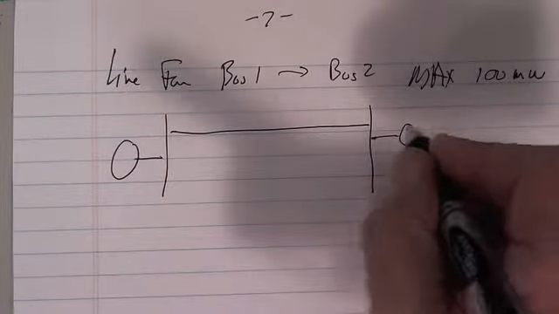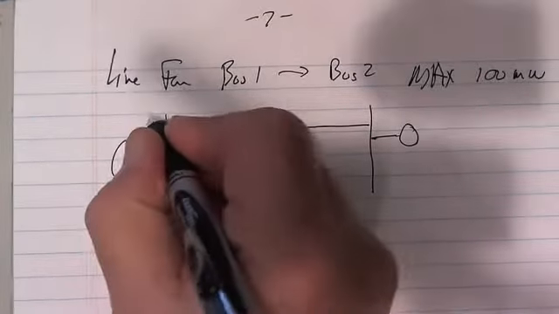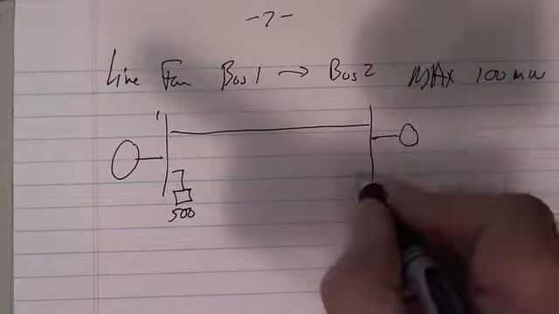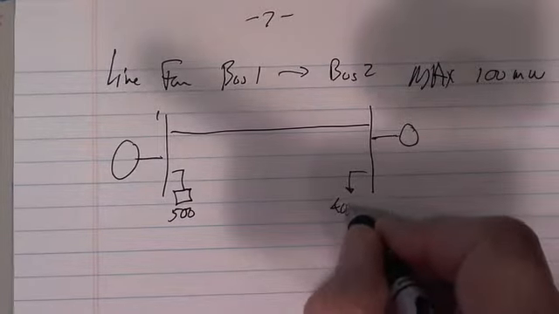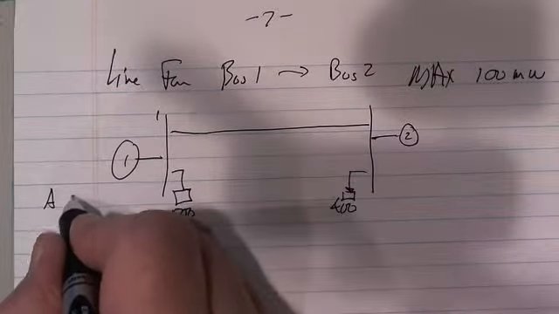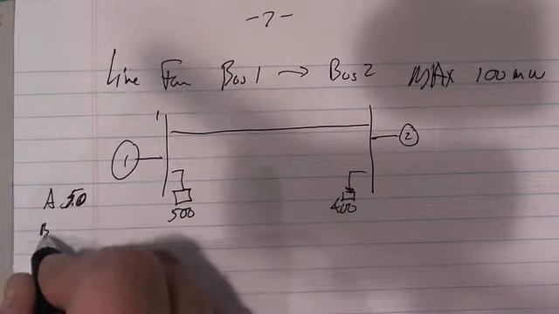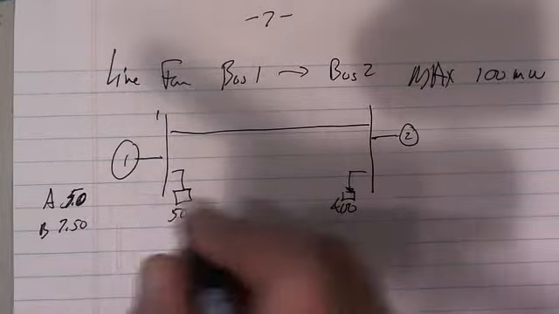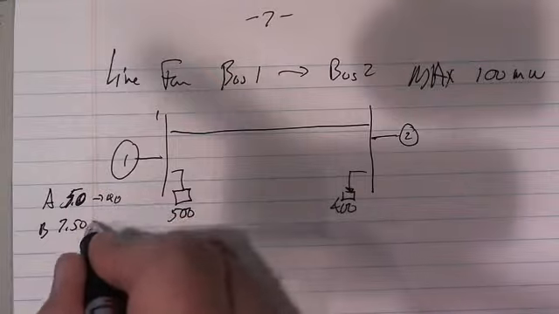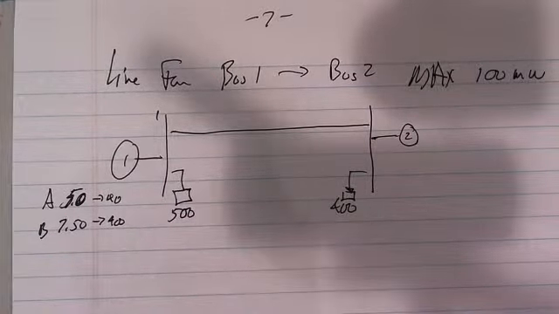Let's see if we can do this. There's 500 here on bus 1, and there's 400 here on bus 2. So we have A at 5.0, B at 7.50, and this can go to 400, and this can go to another 400, if you will, just the segment itself.